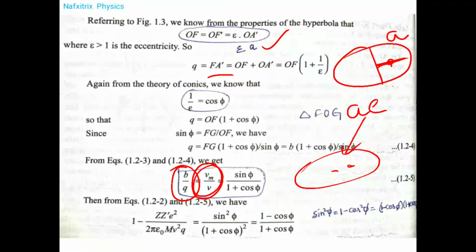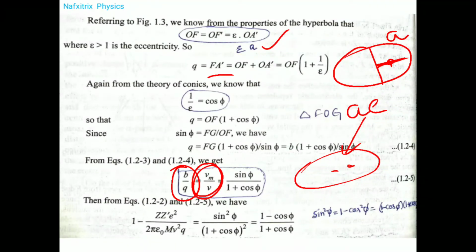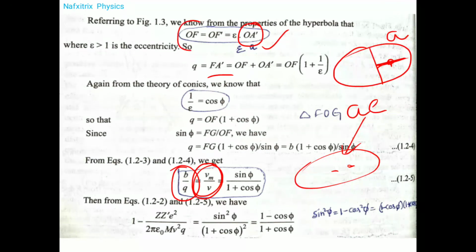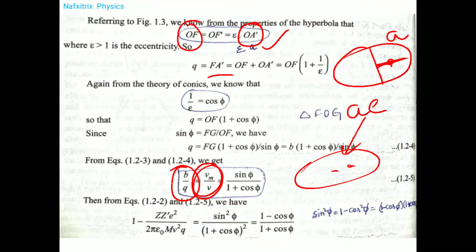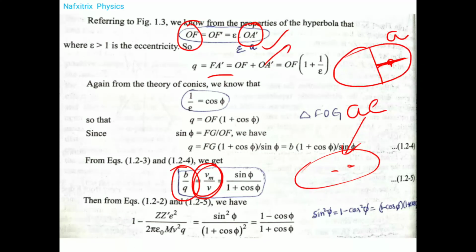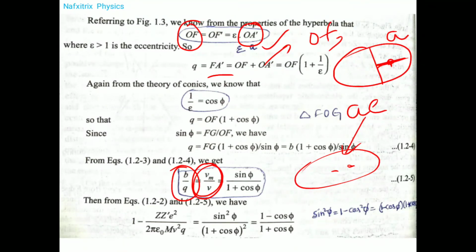It is OF plus OA dash, and we know that OA dash is nothing but OF by E. So this could be written as OF by E. Again if we take OF common, we would have 1 plus 1 by E, like this.